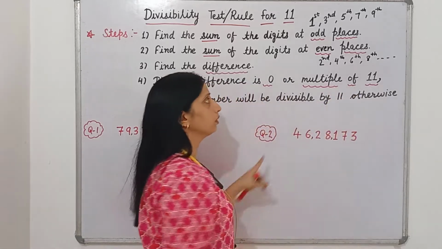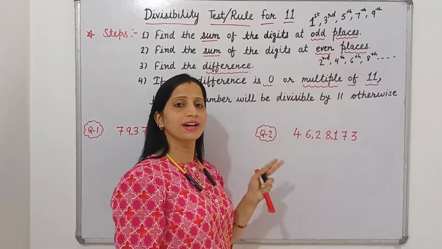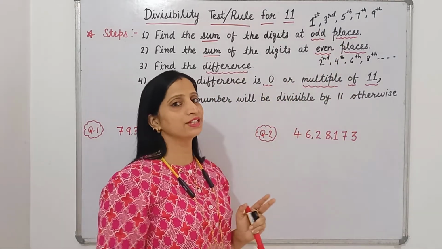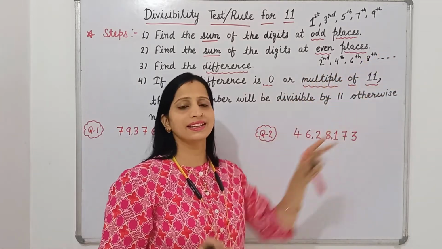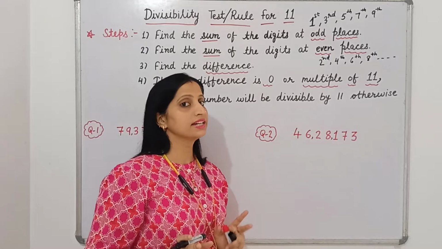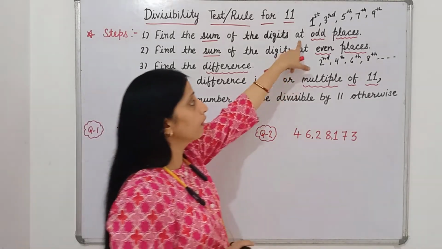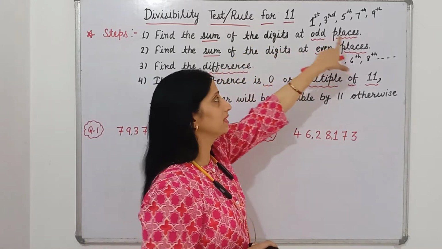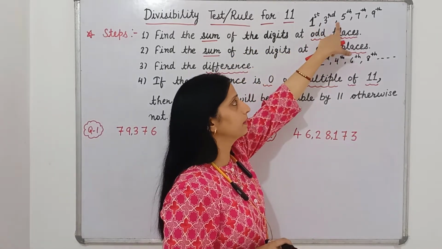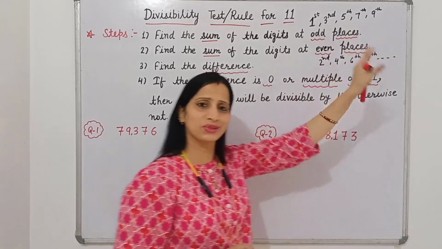As you all know, odd numbers means 1, 3, 5, 7, 9, and 2, 4, 6, 8, 10 are even numbers. But here we are talking about odd places, means the digits at the first place, third place, fifth, seventh, ninth, and so on.